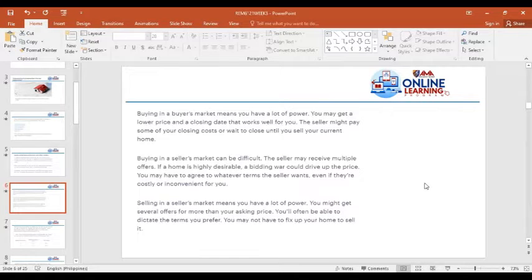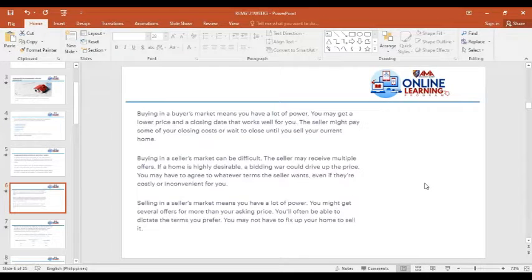So buying in a buyer's market means you have a lot of power. You may get a lower price and a closing date that works well for you. The seller might pay some of your closing costs or wait to close until you sell your current home.